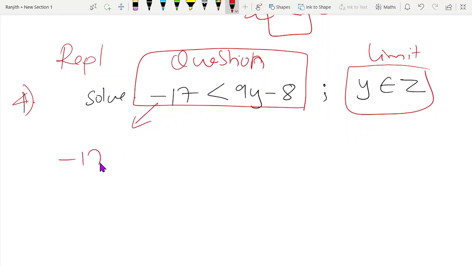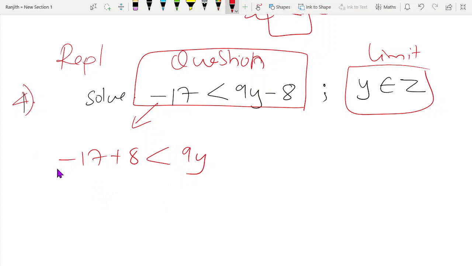Equation: minus 17, minus 8 goes to this side, plus 8. 9y minus 8 plus 8. Okay, I want the final answer. What's the value of y?